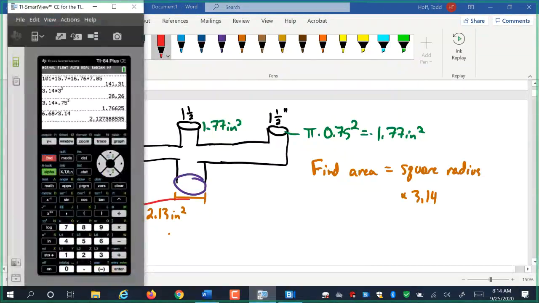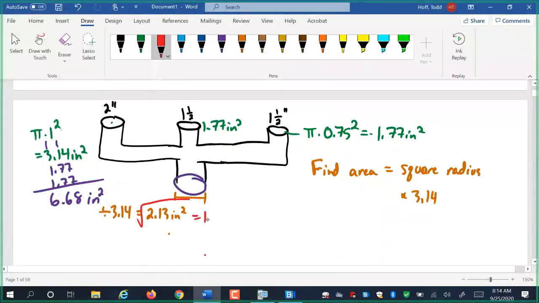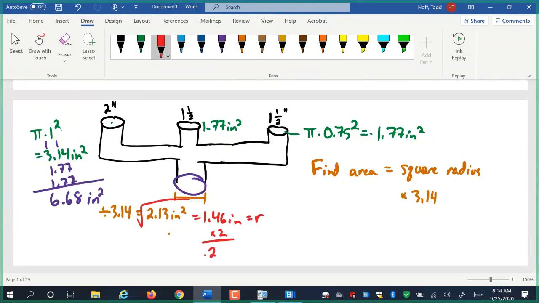So second square root, remember we have that button on our calculator, we can tell it to use the previous answer. We get 1.446, I guess we'll call it, inches. That's radius, so the diameter has to be twice that, which comes out to be 2.92 inches of diameter.